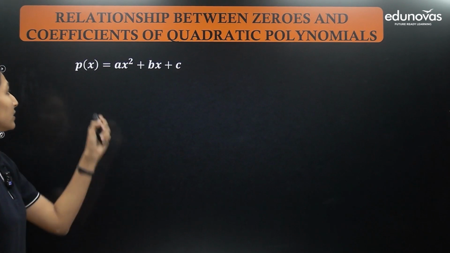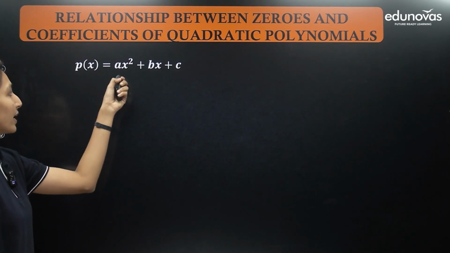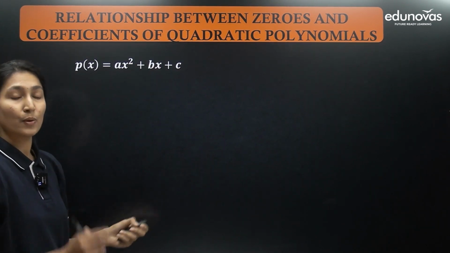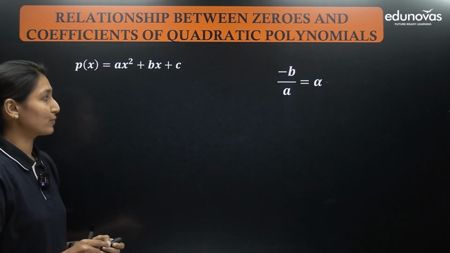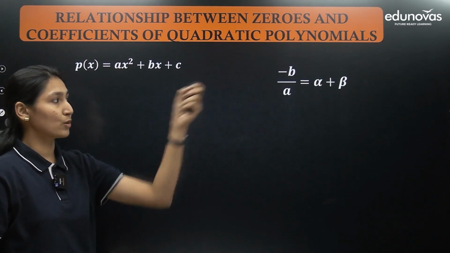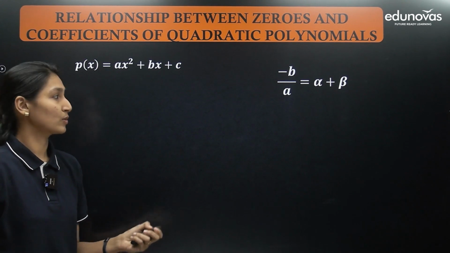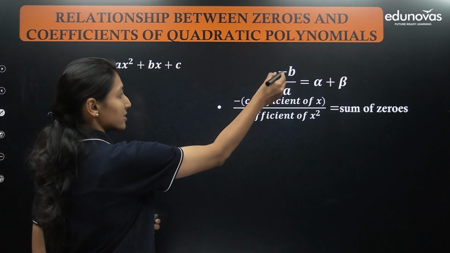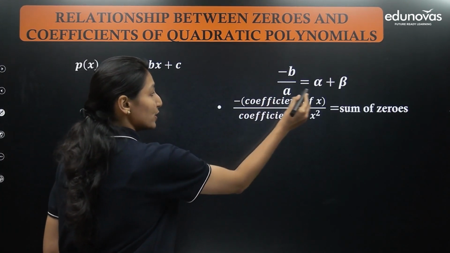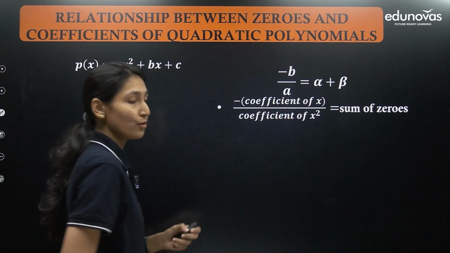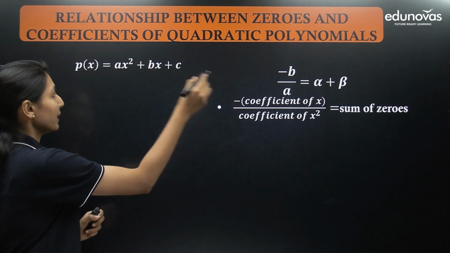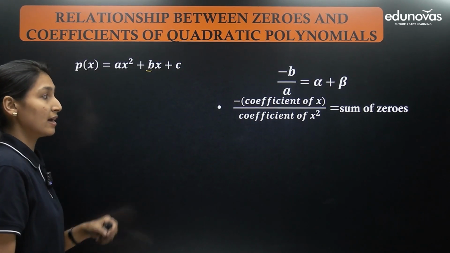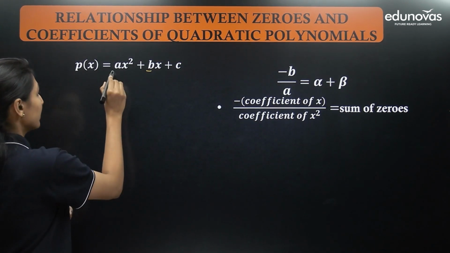So for the polynomial p of x is equal to ax square plus bx plus c, we get two relations. One of them was minus b by a is equal to alpha plus beta. What is this? This is nothing but minus of coefficient of x by coefficient of x square, isn't it? B is coefficient of x and coefficient of x square is a.